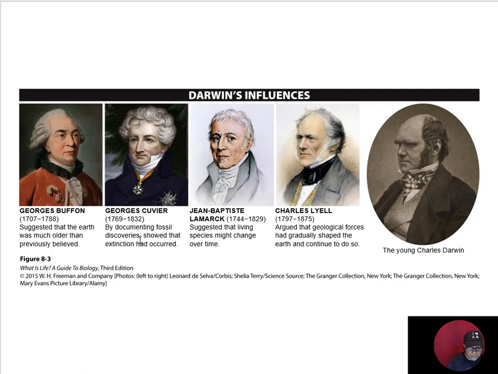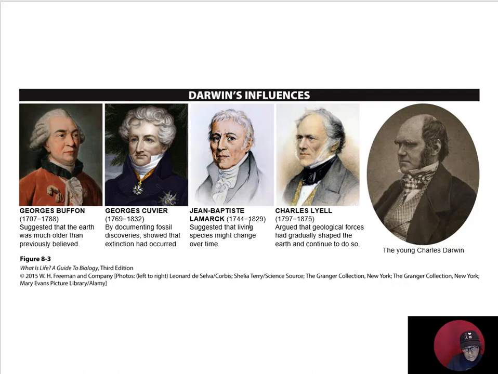He was reading the works of George Cuvier, who was documenting fossil discoveries, and he was showing that extinction had actually occurred. He was reading the works of Jean-Baptiste Lamarck, suggesting that living species might change over time, that they're not just static.